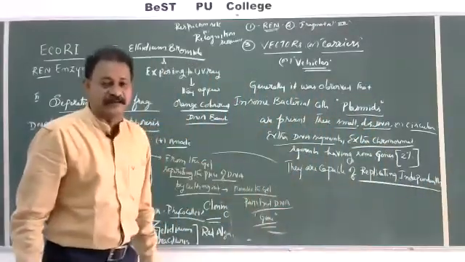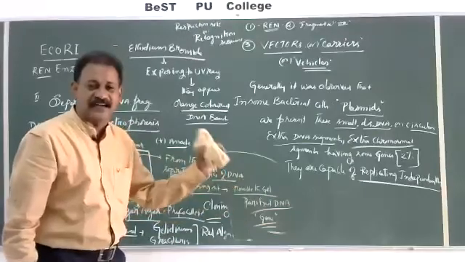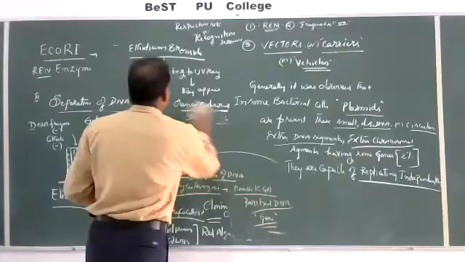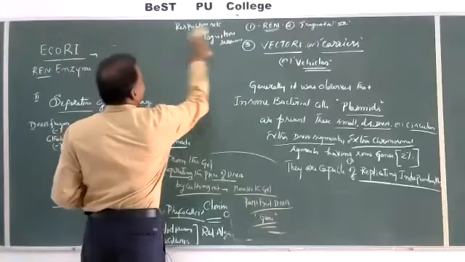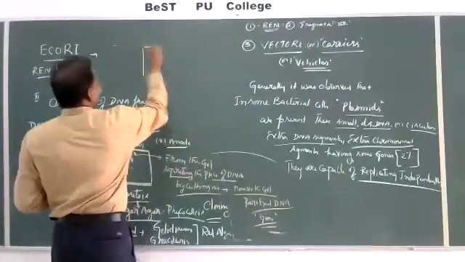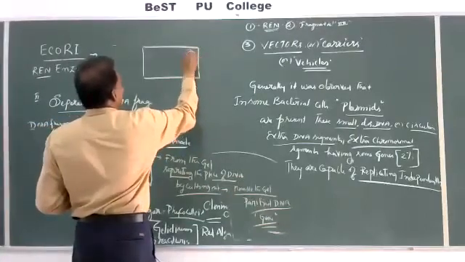Autonomous replication, independent replication. What is meant by autonomously or independently replicating? Suppose, for example, this is a bacteria. It has its own circular DNA.